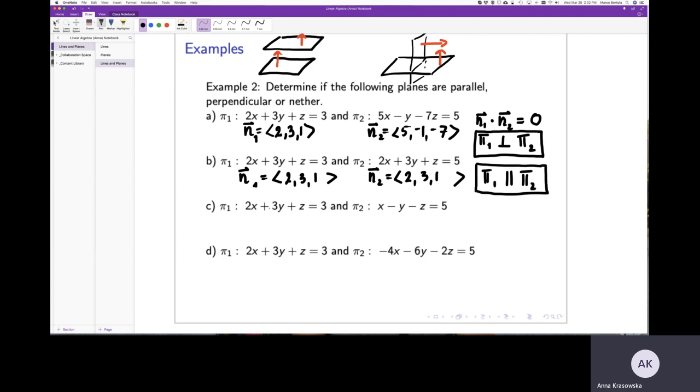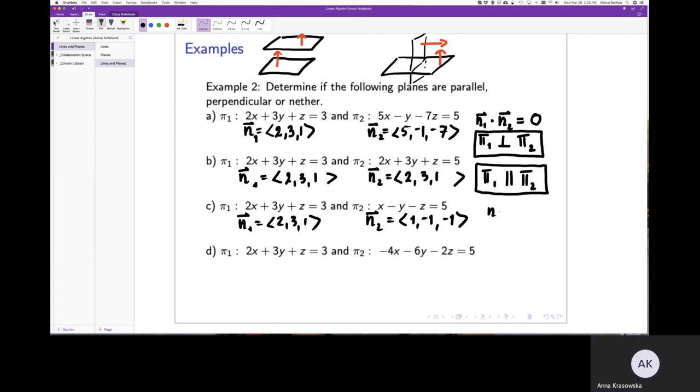You can write words. Again, n1 is 2, 3, 1, and n2 is 2, 1, minus 1, minus 1. And we can check, is n1 a multiple of n2?